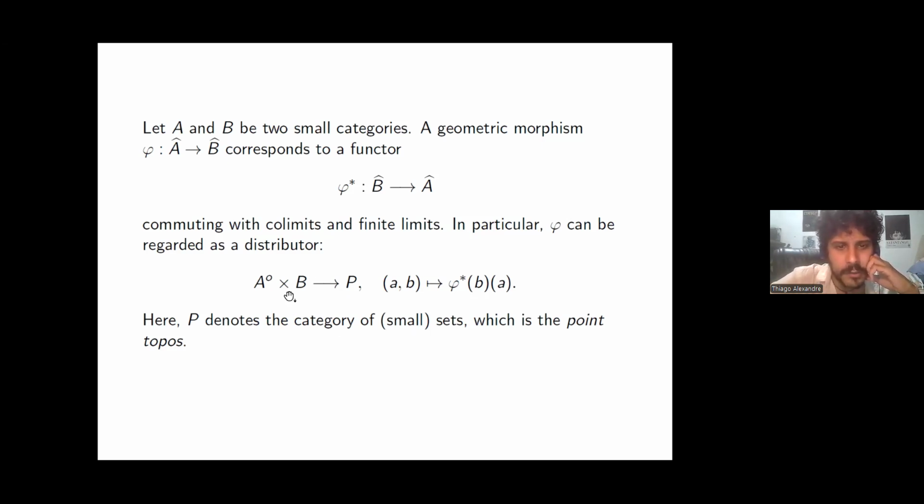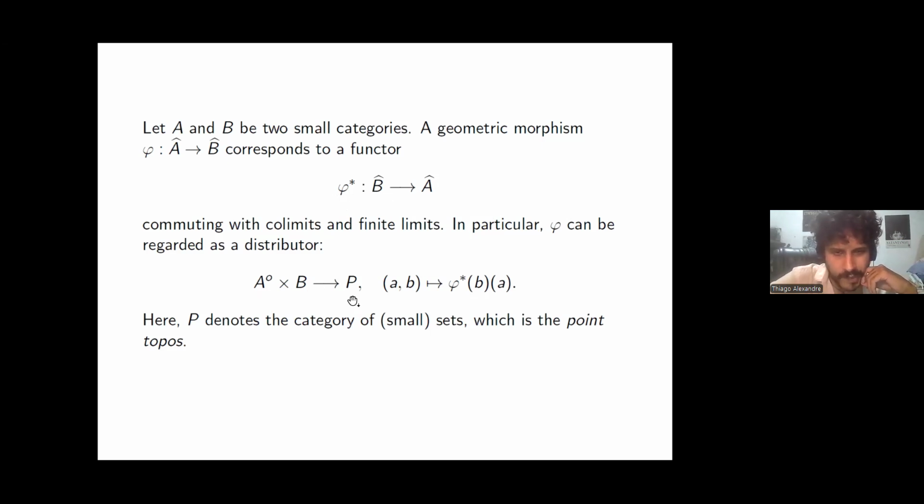There is an equivalence of categories between functors commuting with colimits of this form and distributors like this. In particular, geometric morphisms correspond to certain functors commuting with colimits and hence to certain profunctors.